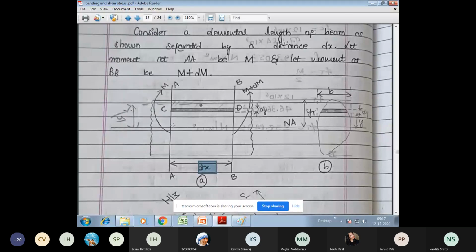The left side moment which is acting on the beam, let's say it is clockwise M, and the right side moment is anti-clockwise M plus dM. Okay, this is my assumption. M at the left side, M plus dM at the right side. Next, this is the neutral axis. So this is about the longitudinal section.